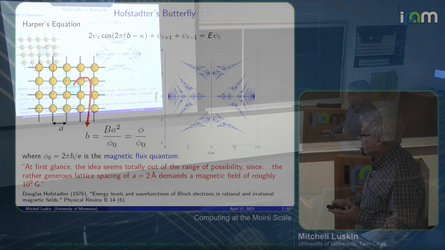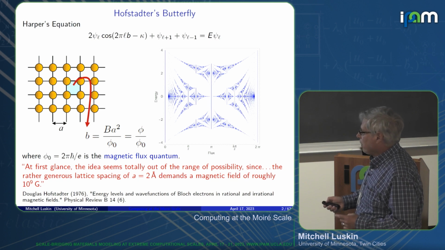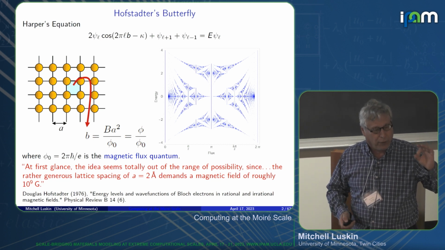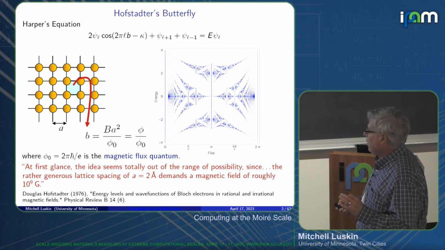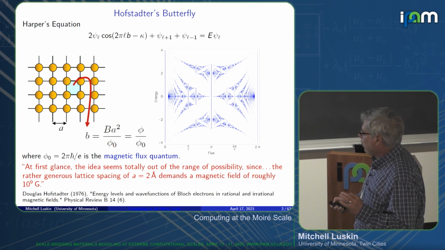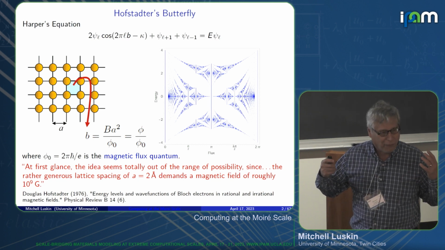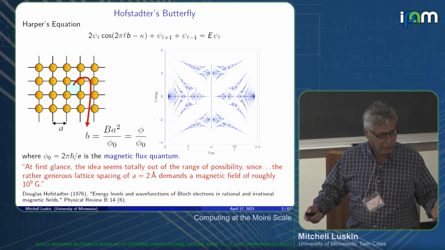And phi naught is just some fundamental unit. There's an electric charge there. Then you ask, what is the magnetic field B that you can actually apply? And it turns out in the lab you can only probe a little teeny bit around 0. You can't really physically explore that spectrum. Okay, that's the thing.